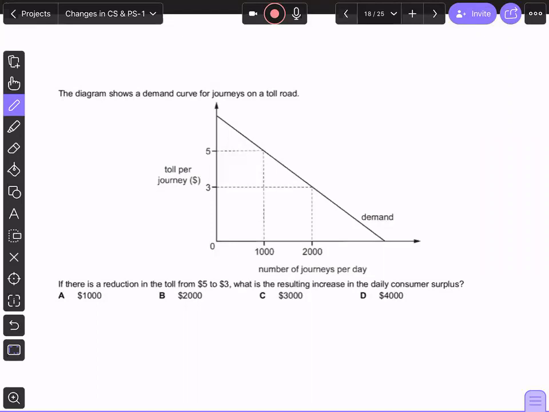अब इसमें क्या होगा? What is there? If there is a reduction in the toll from $5 to 3, what is the resulting increase in the consumer surplus?